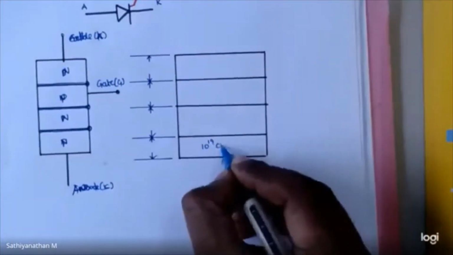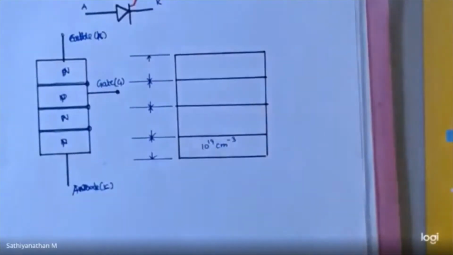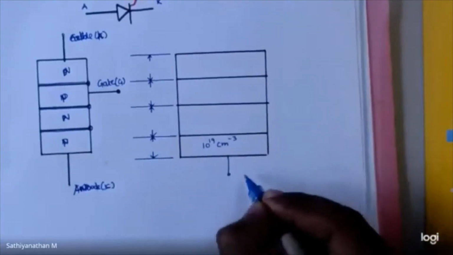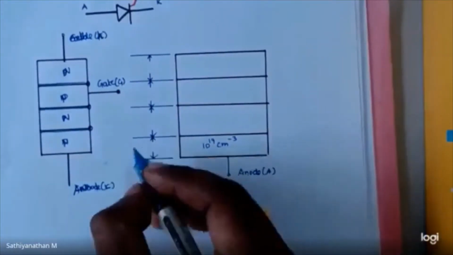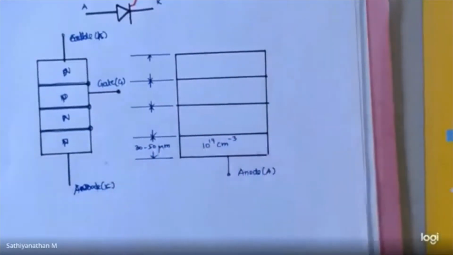which is made up of a P plus layer with a concentration of 10 power 19 centimeter minus 3. This is your anode. Okay, this is a base layer which has a thickness of 30 to 50 micrometer.